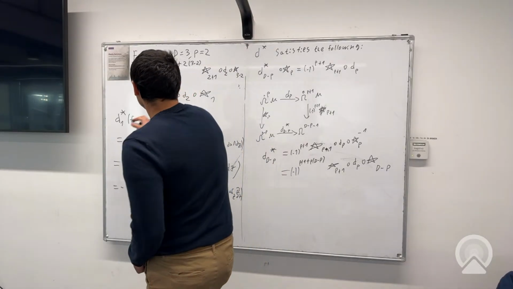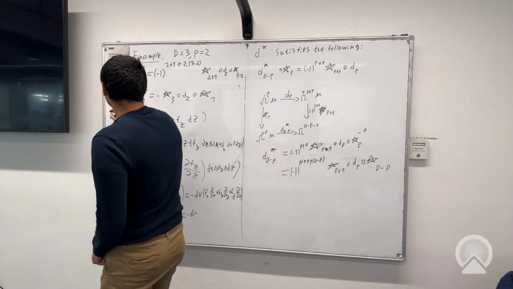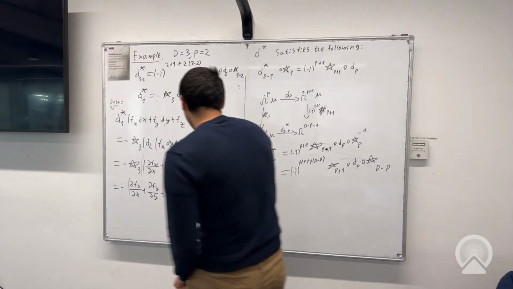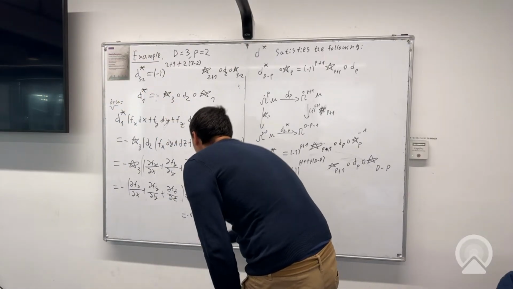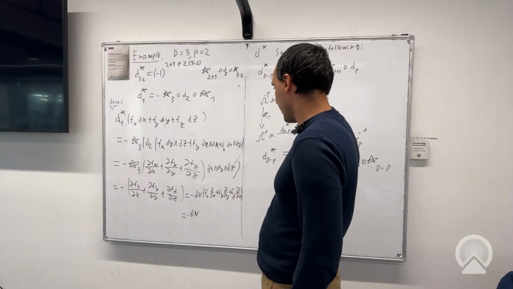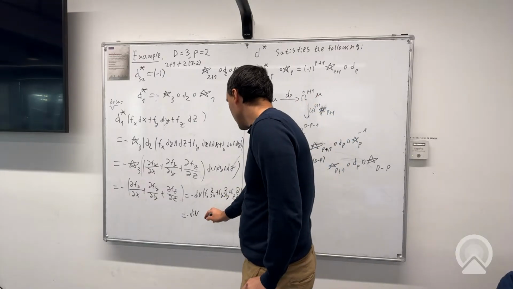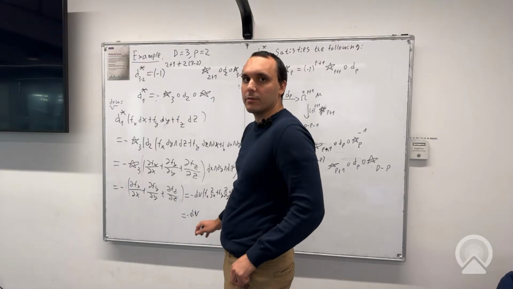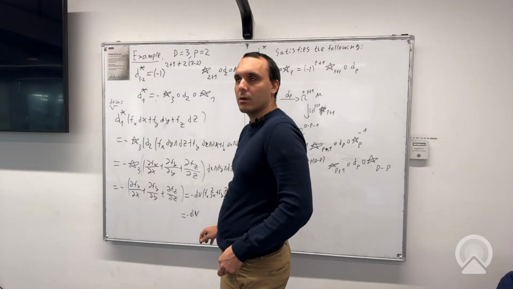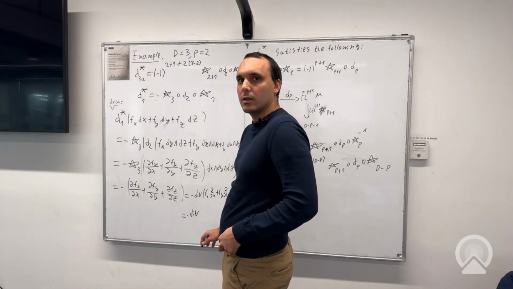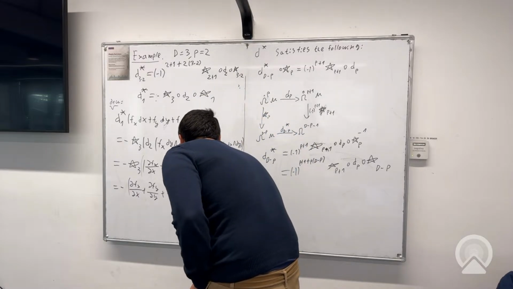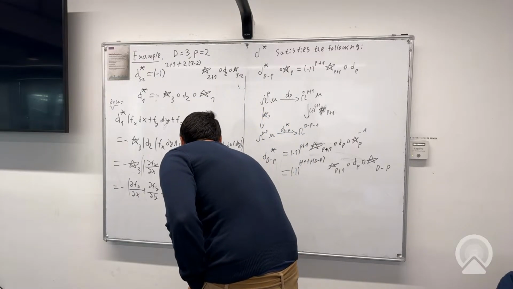So maybe I should start here with omega, d1 of omega, and this will be minus the divergence of the sharp of, no, the flat of omega. Is that right? No, the sharp. The divergence of the sharp of omega.